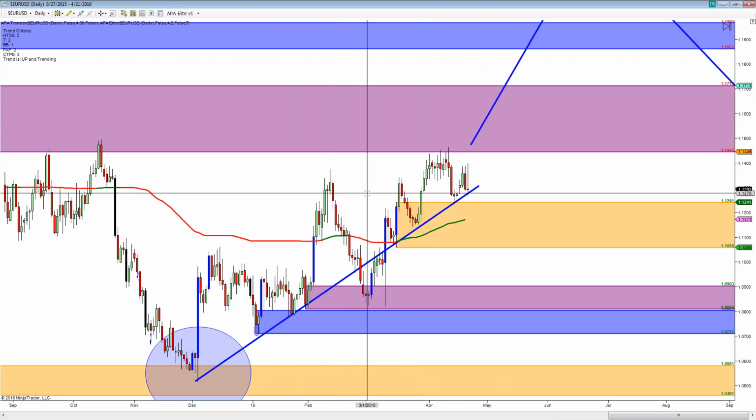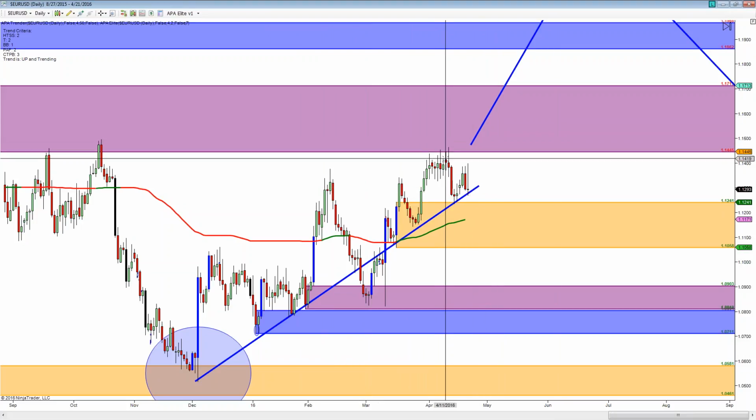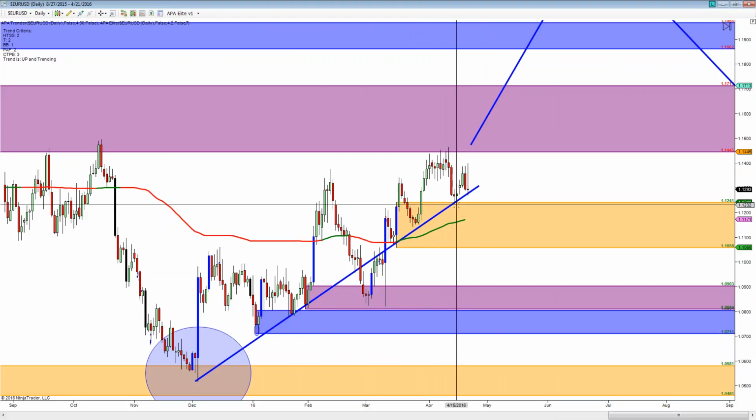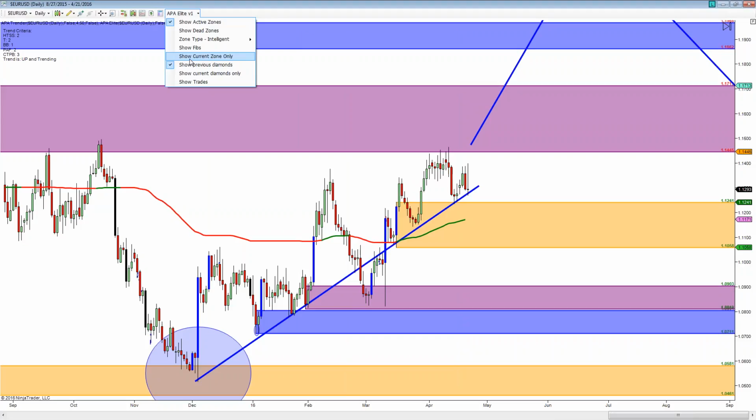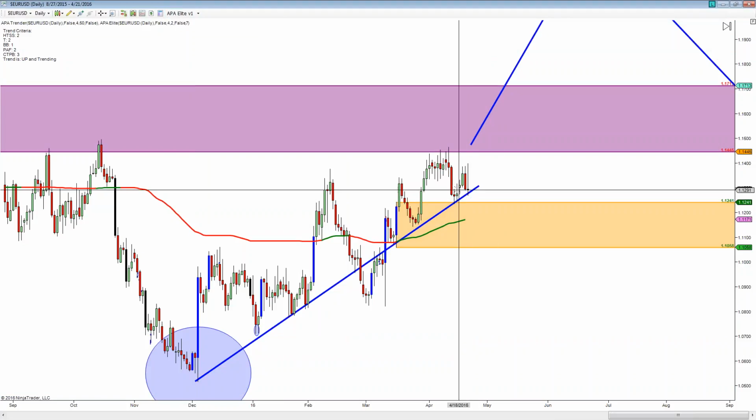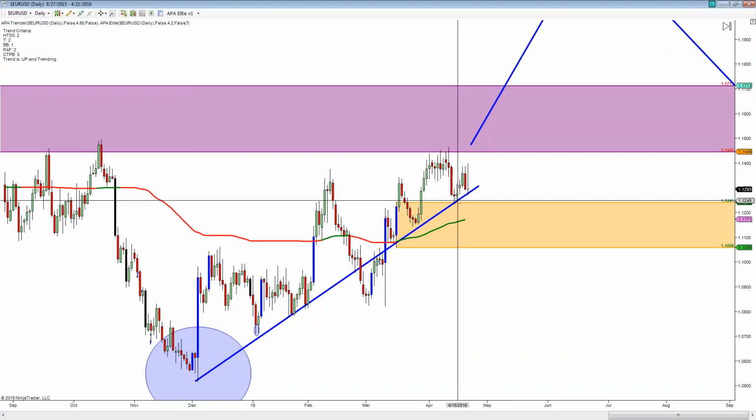I don't mind to see a little retracement back down to this yellow level. I just want to see it continue to go up overall. If it's hitting the yellow level, then that represents a really good buying opportunity to me.